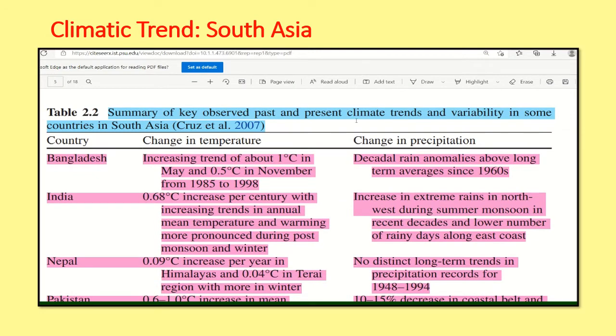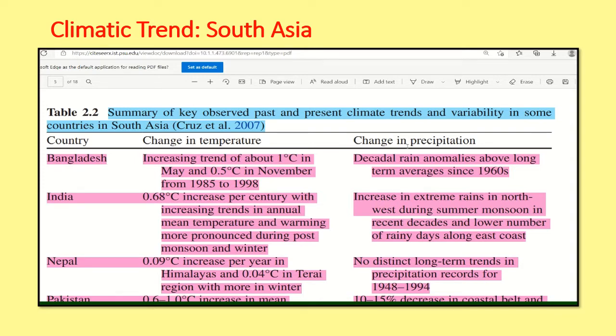Now the summary of the climatic trend of South Asia. First is Bangladesh. In the case of temperature, there is an increasing trend of about 1 degree centigrade in May and 0.5 degrees centigrade in November from 1985 to 1998.